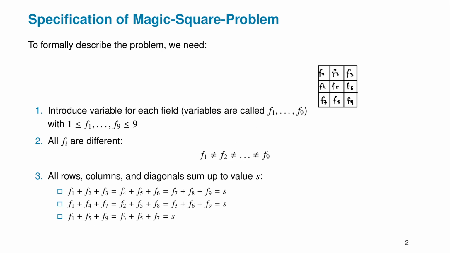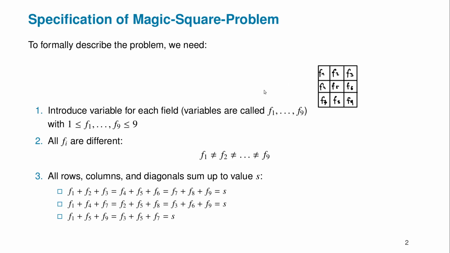So we have 1, 5, 9 and 3, 5, 7. F1, F2, F3, for example, is a row. F1, F4, F7 is the first column here, and so on. I hope this scheme is clear.